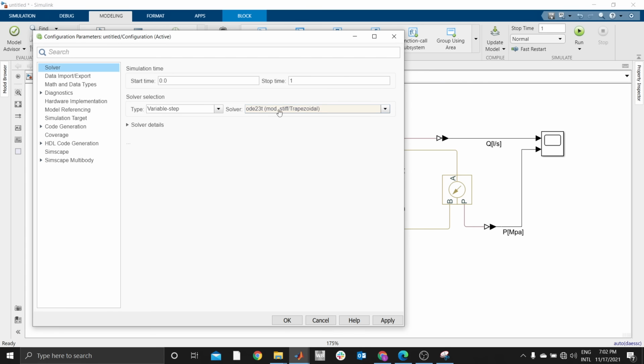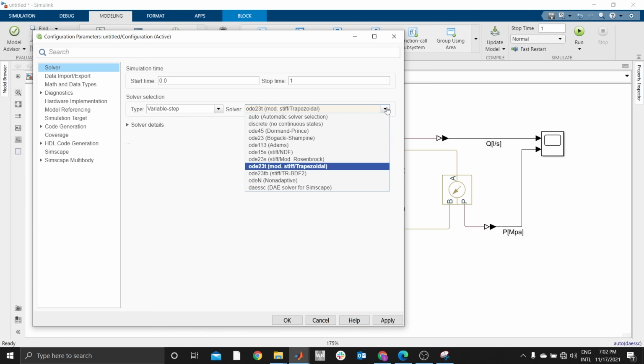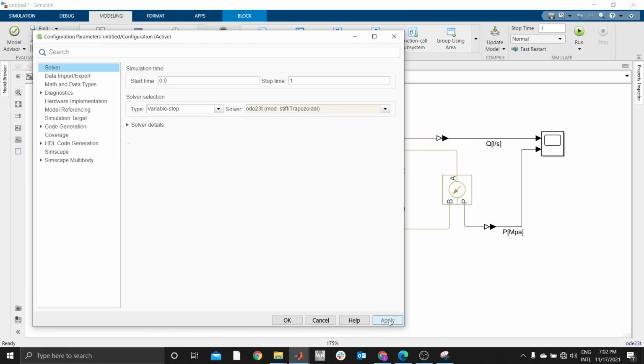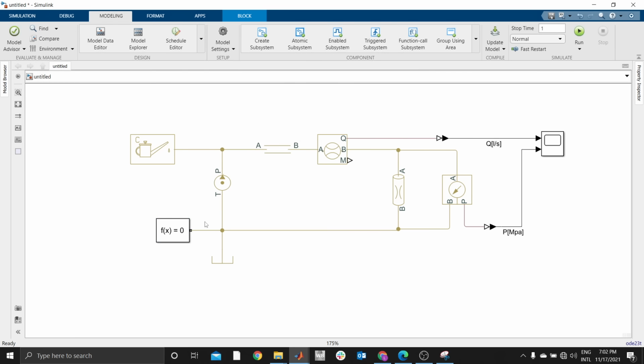It is just a method used to solve the matrix equations, algebraic equations. Depending on the type of the solver, you get a different answer, though the difference is just a small value. I'll make a video to illustrate one by one in deeper detail. But for now, that's not so important.